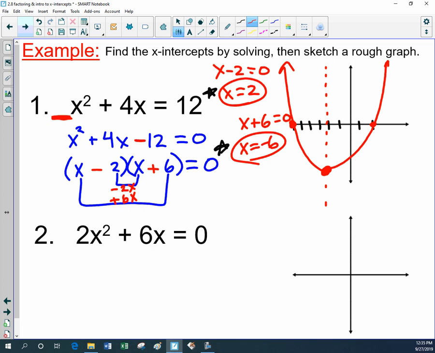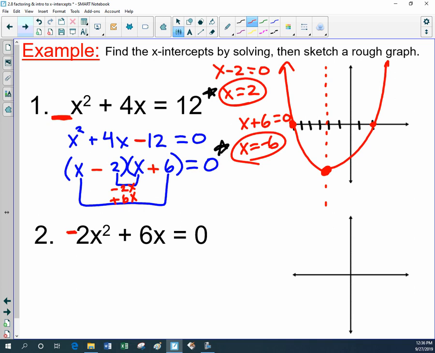So you're saying A is negative. So this number right here is negative. We'll get to that in a minute.